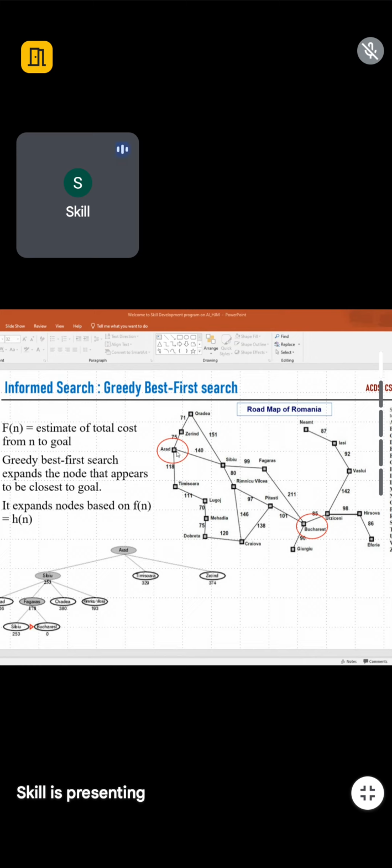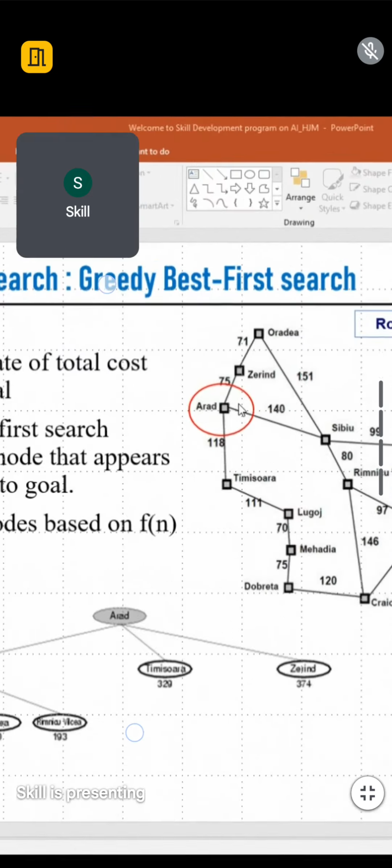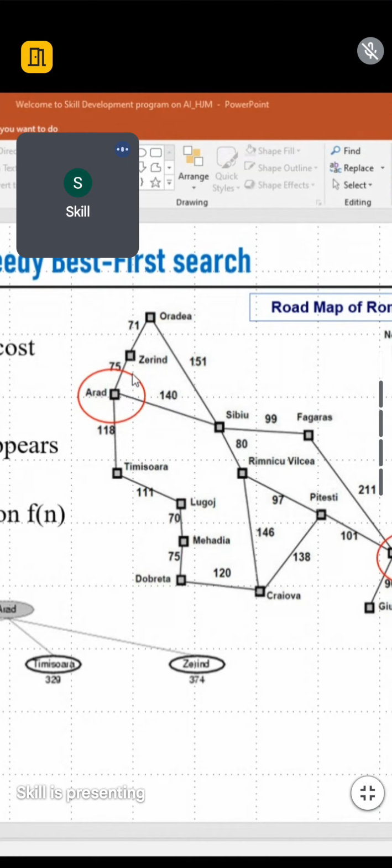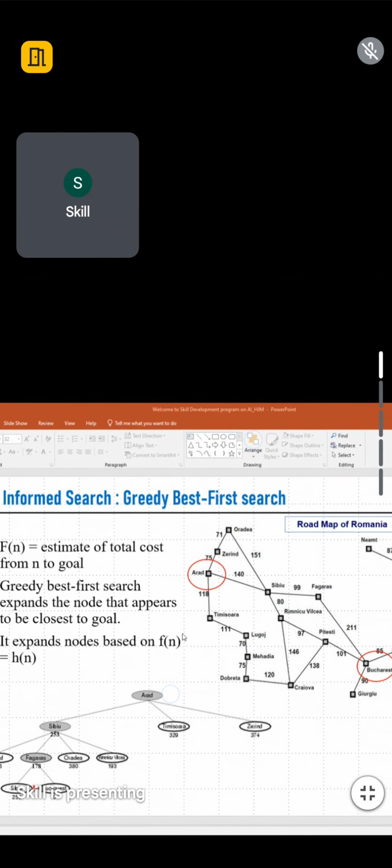So first we are taking this place, Arad. So Arad we are writing, and the adjacent nodes are Sibiu, Timisoara, and Zerind. So the h(n) for all these three are written: Sibiu 253, Timisoara 329, Zerind 374.